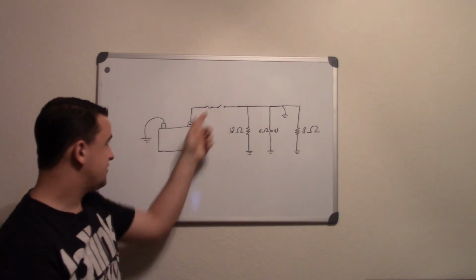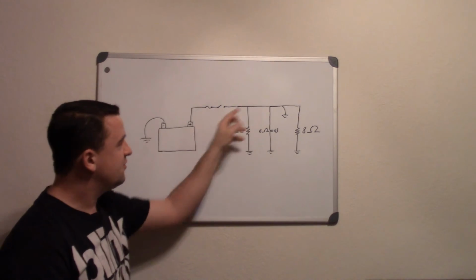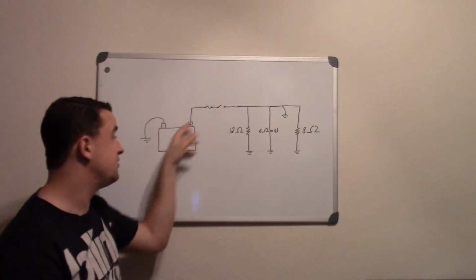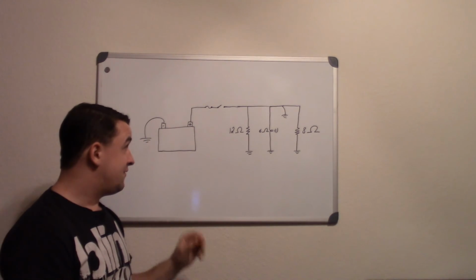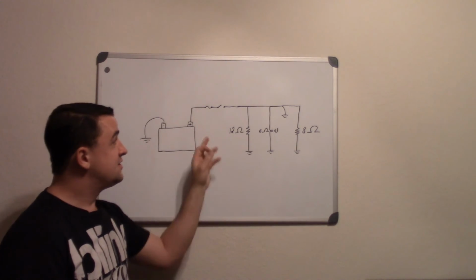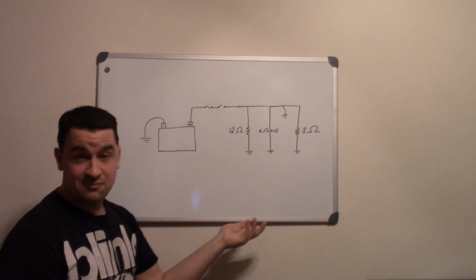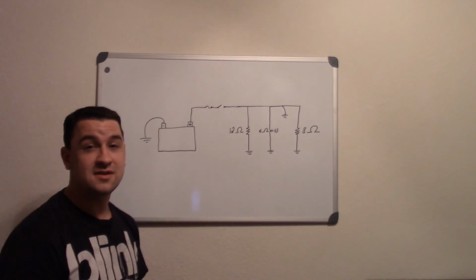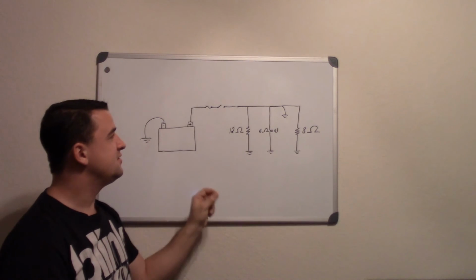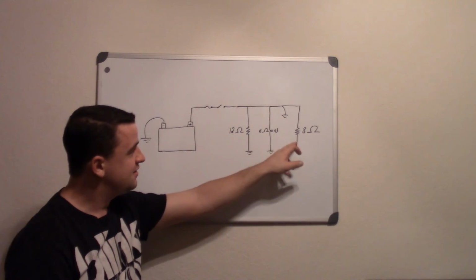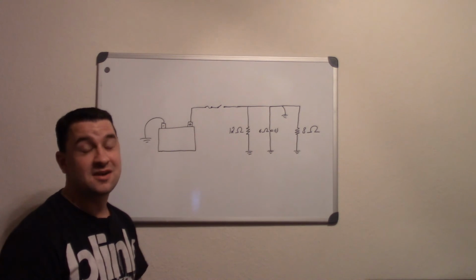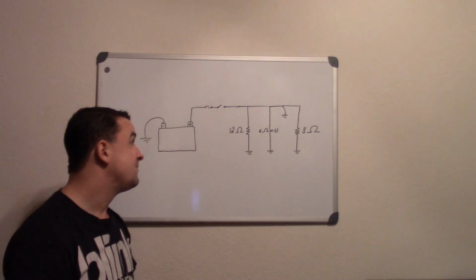So once you complete the switch, all of that current will flow to this short to ground because there's no resistance. Even then, at the microscopic level, that electricity is full of electrons, so with that short to ground you will still get a couple of electrons flowing to each one of these different branches, but it's not going to be enough to light those bulbs up.